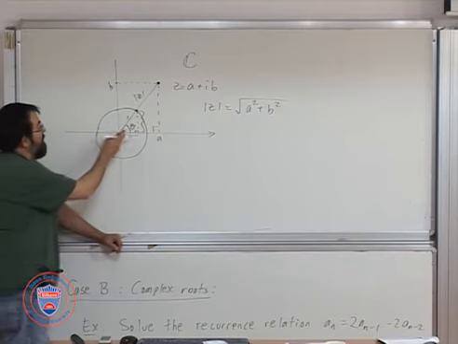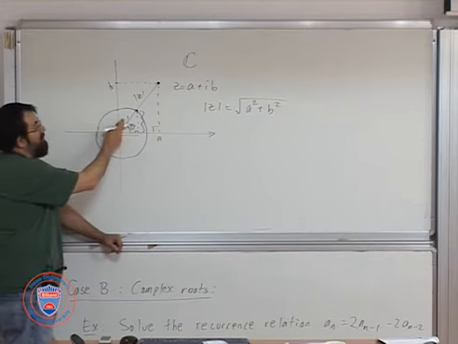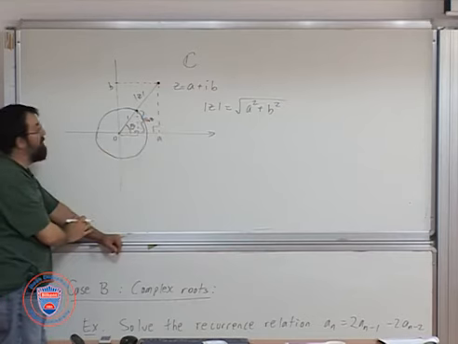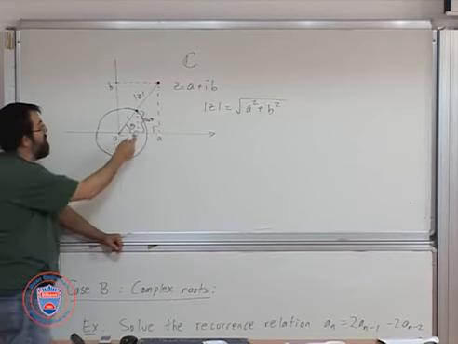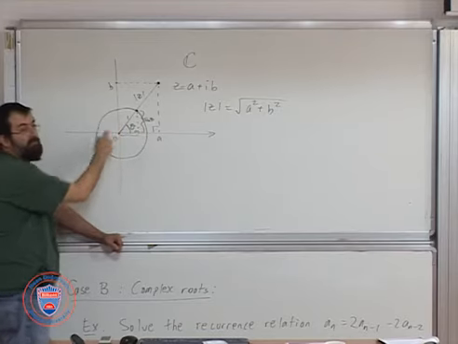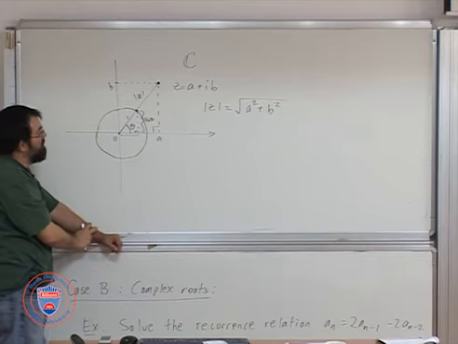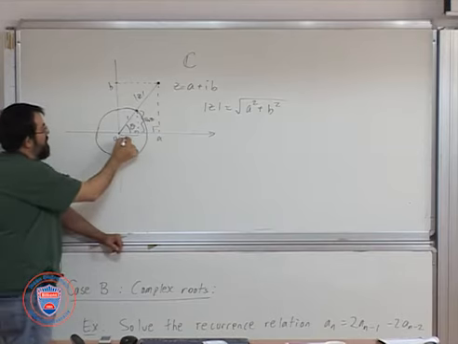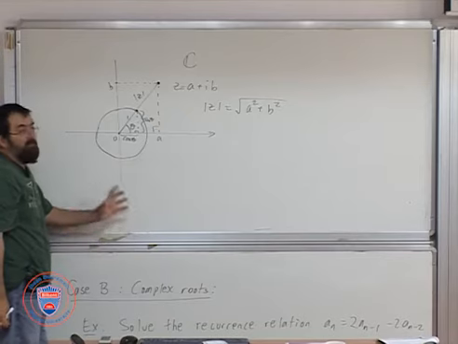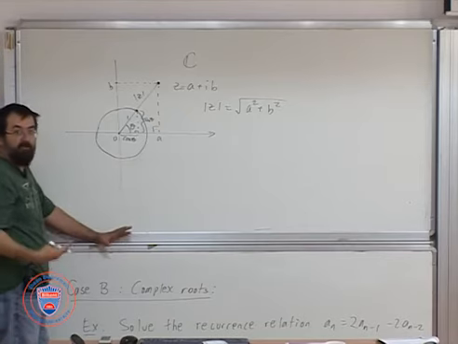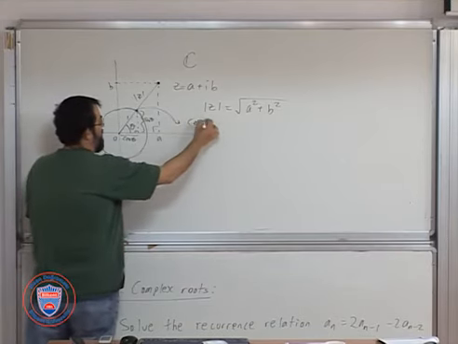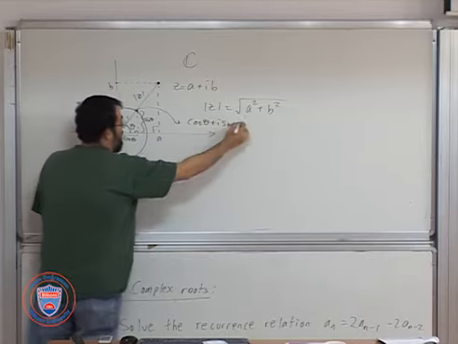But you already know that when this angle is theta and this is 1, this distance should be sine theta. That's basic trigonometry, because this divided by this should be sine, and we know this is 1, so it has to be sine theta. In the same way, this distance should be cosine theta. So every point on the unit circle has coordinates cosine and sine. So these points here are cosine theta plus i sine theta. We know that.